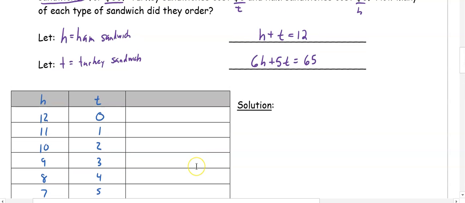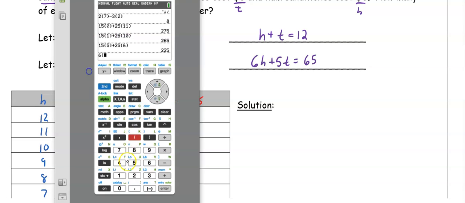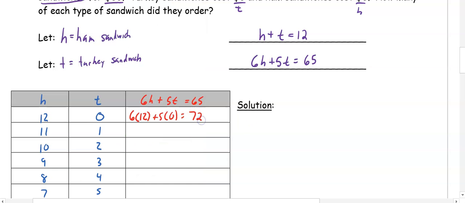So now I want to figure out which row is going to have 6H plus 5T equals 65. So our first row, 6 times 12 plus 5 times 0 will get us 72.